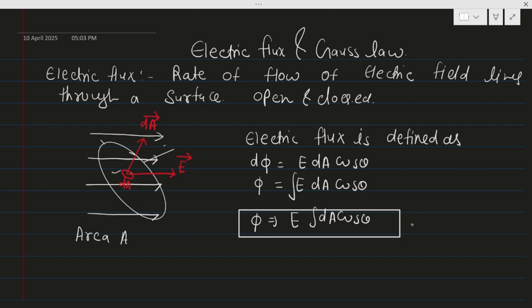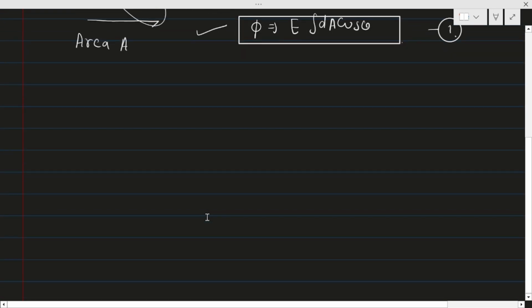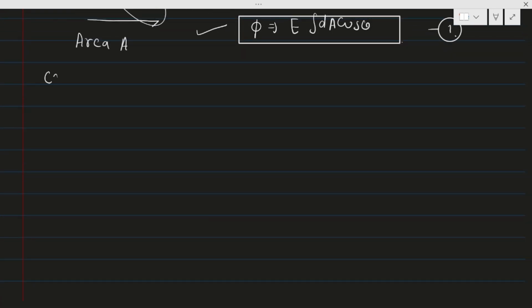I will call this equation one. Let's understand it better with one or two more examples. So let's take case one.